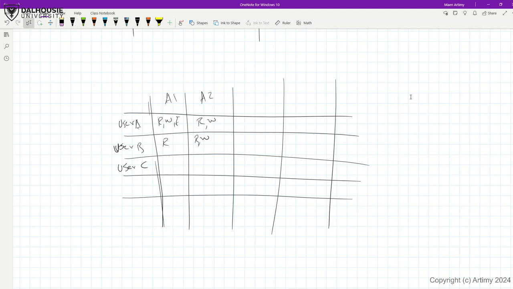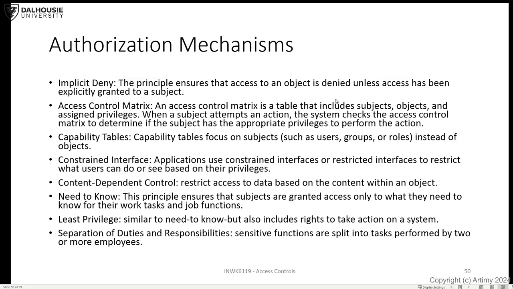You can also represent this matrix in different forms. So this is one way to represent it. So every time a user wants to access a certain resource, the system will just check this matrix and see if they have the rights and the permissions or privileges to access. You notice that I'm using all the terms, right?